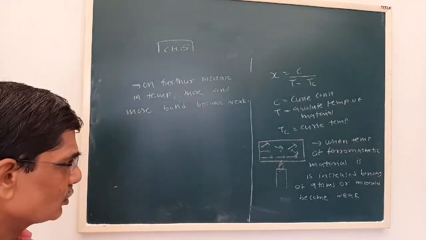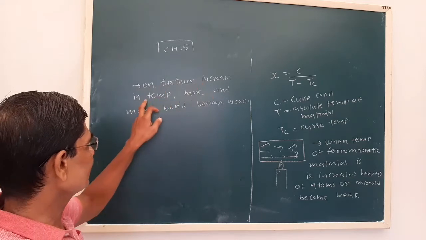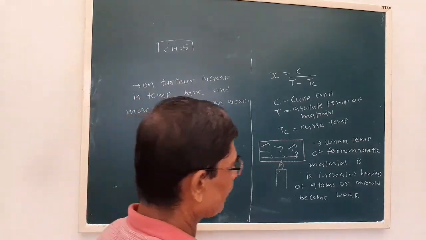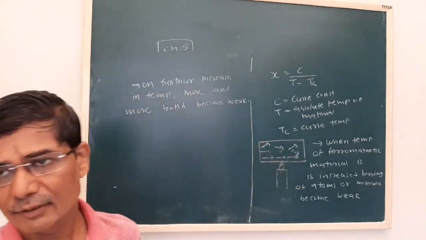We say that is distortion. On further increase in temperature, more and more bonds break. Initially these dipole moments are in the same direction, but they start moving in different directions. On further increase in temperature, more and more bonds become weak, and at a particular temperature, all this bonding will break.